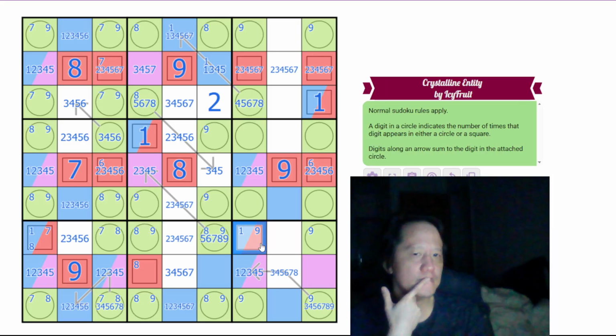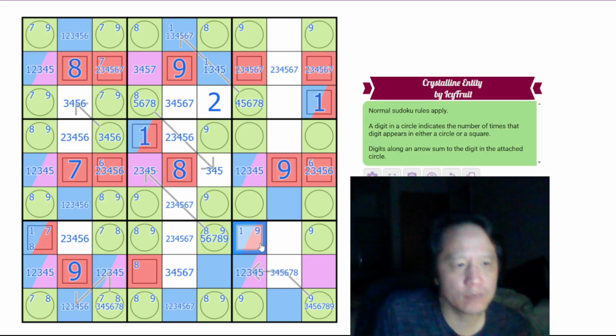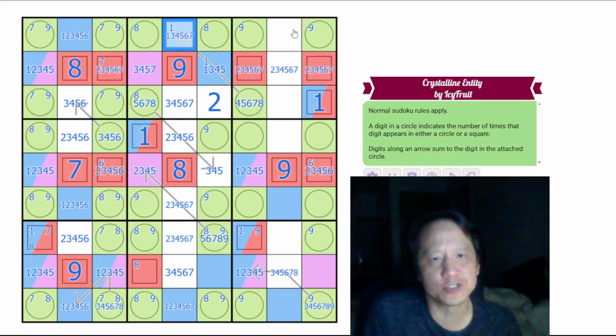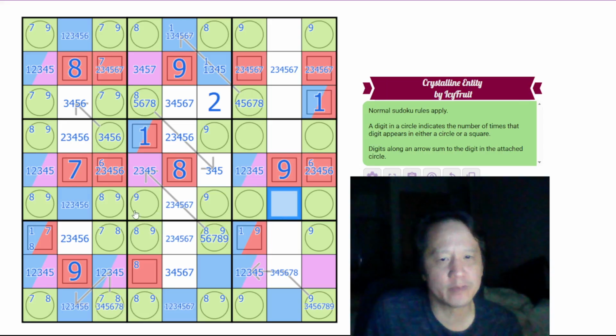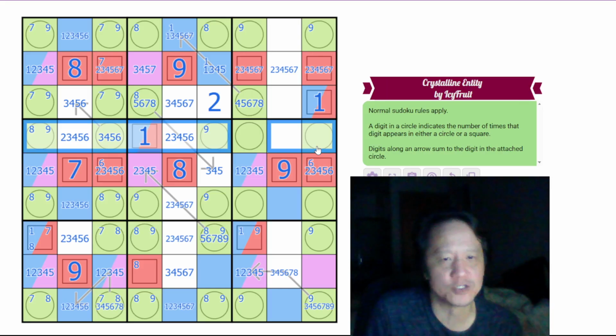Hmm. No, it has to be in a circle. It has to be in a circle. Because, yeah, even if it weren't in a circle, it would still fulfill this criteria, right? But the problem is that, again, the rest of row 4 is circles.